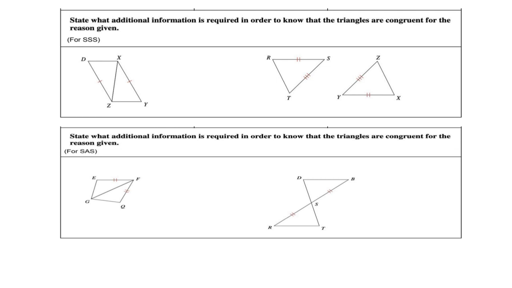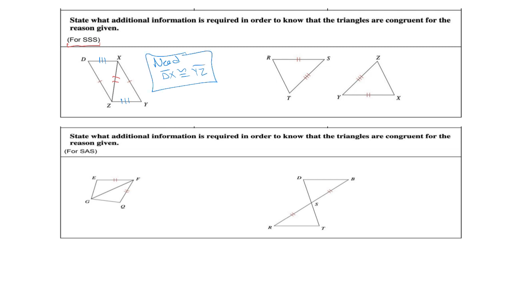All right, so this one says state what additional information is required in order to know that the triangles are congruent for the reason given. We're looking for side. So we need to mark 3 sides. So this is a shared side, so we can mark that. That counts as it. The only thing that we need to mark, I'll put in blue, is these have to be congruent to say that the triangles are congruent. So we need DX congruent to YZ.